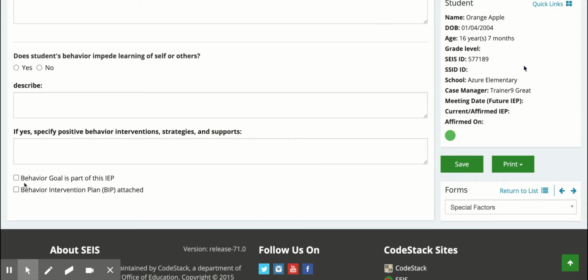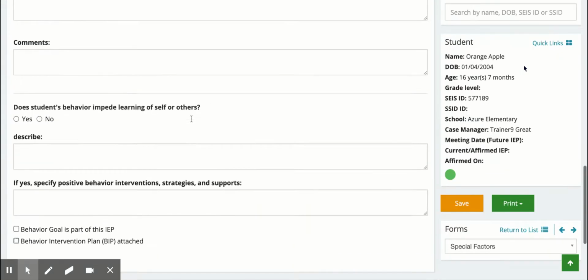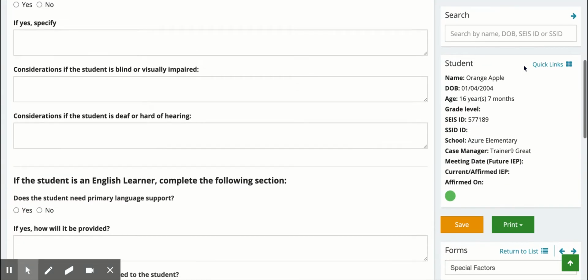Also, make sure you check here if the student has a behavior goal that is part of this IEP. Or check here if the student has a behavior intervention plan, BIP, attached. That concludes completing the Special Factors page.